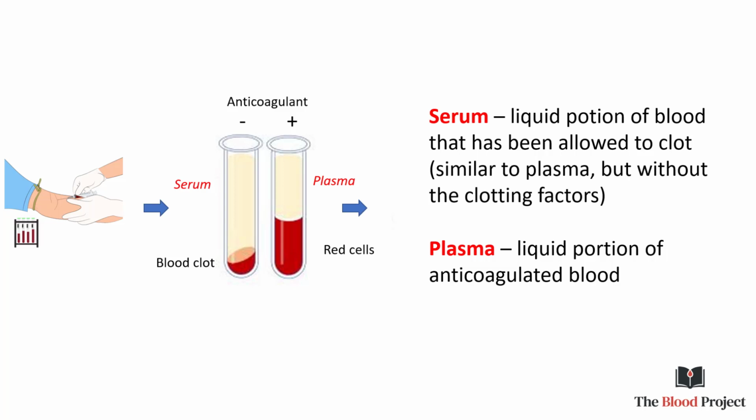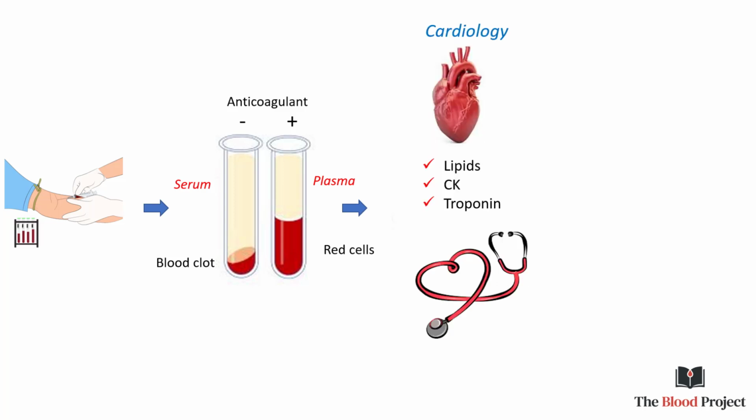Alterations in the level or function of these components, measured either in serum or plasma, are leveraged for diagnostic purposes in every clinical discipline. For example, cardiologists are interested in circulating levels of lipids to predict risk of coronary artery disease in their patients, as well as the presence of leakage products such as creatine kinase and troponin arising from ischemic heart muscle.